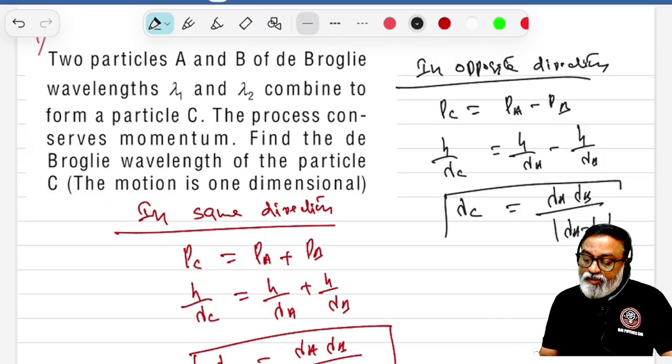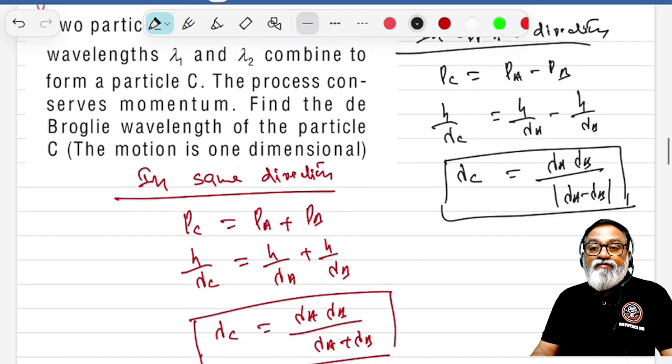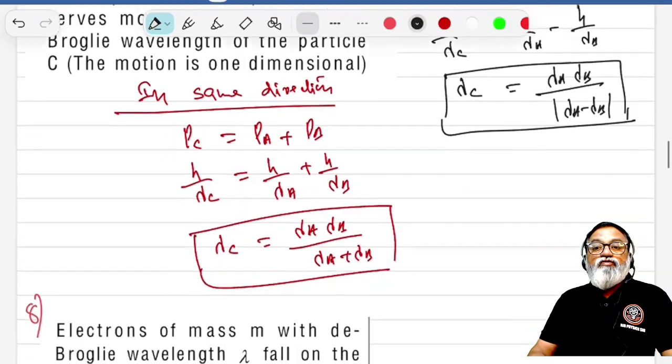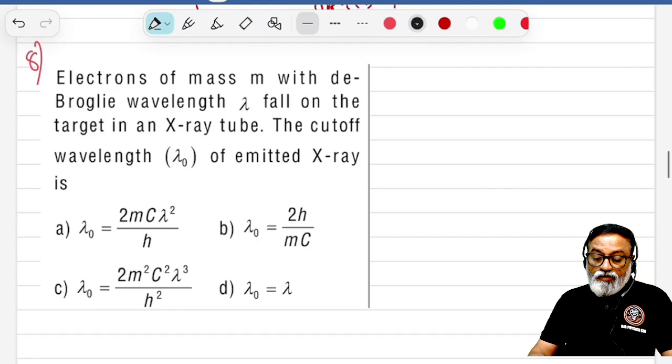We don't know which one is the larger one. Therefore, this is the de Broglie wavelength of particle C when they are moving in opposite directions. Next one.